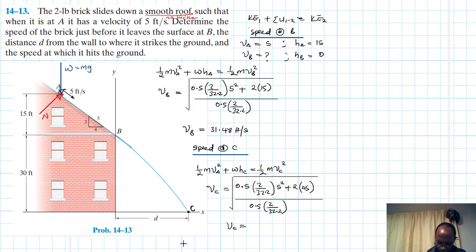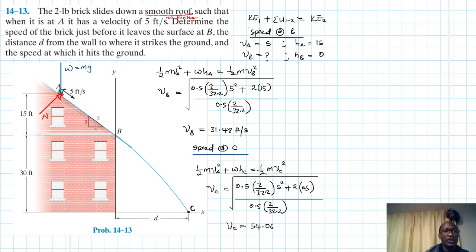Let me check it once more. We have 54.06. We check it again, and square root of that, we have 54.